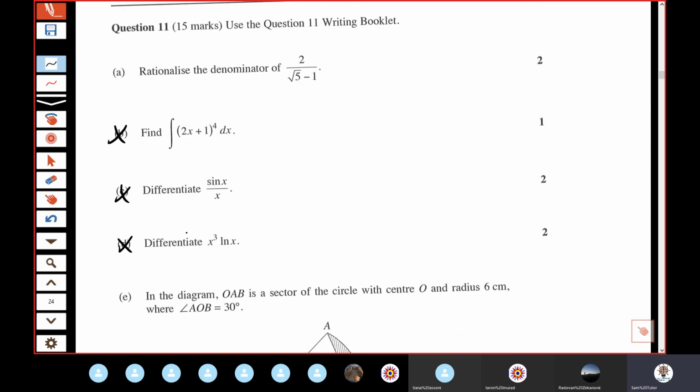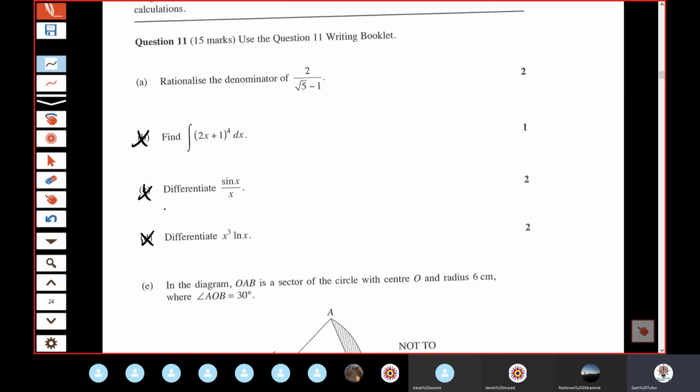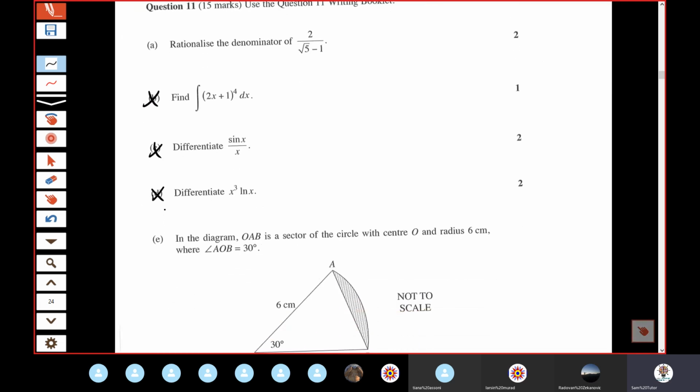All right, obviously you can do A, that's a piece of cake. So do A, rationalize. Hopefully we haven't forgotten how to do that. Multiply top and bottom by the conjugate of the denominator. That means the same as the denominator, just instead of a minus, it's a plus. So times top and bottom by that.